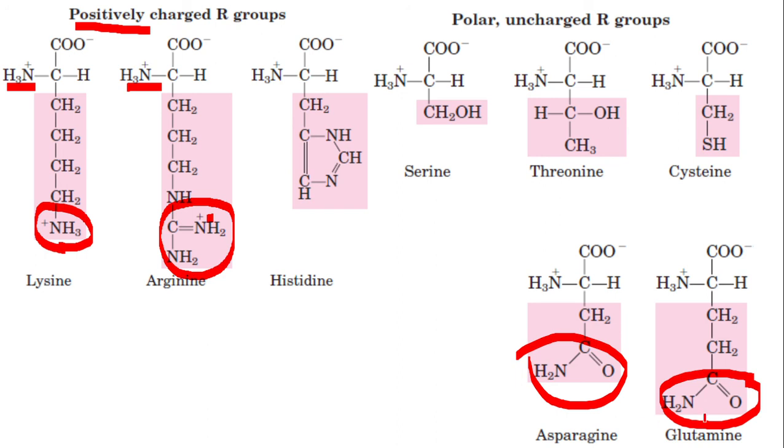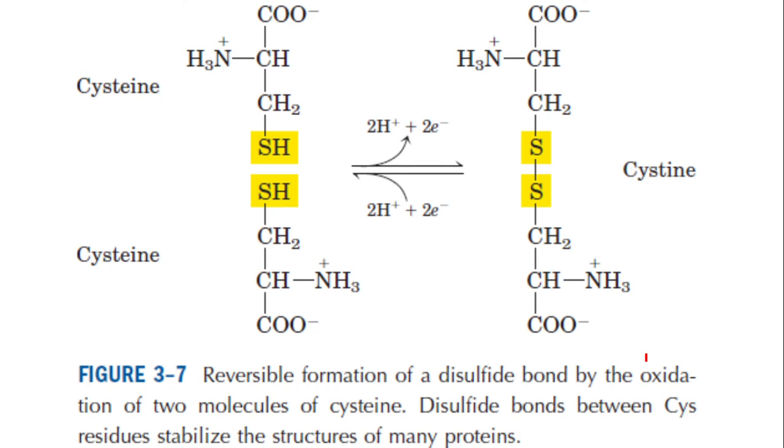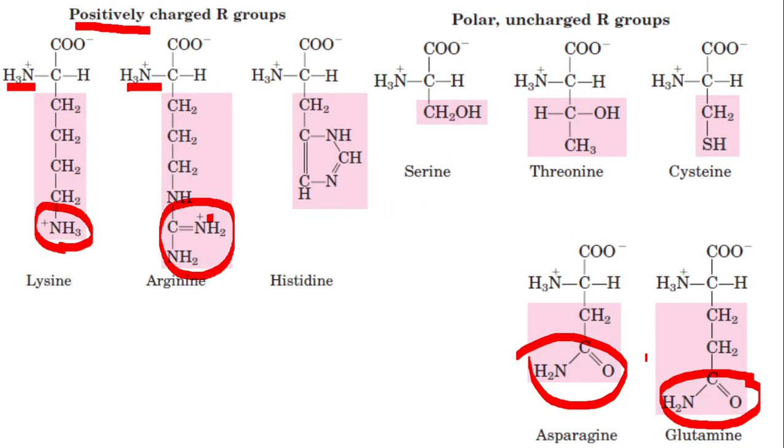Likewise for glutamic acid or glutamate. So aspartic acid and glutamic acid have given rise to their amides, which are respectively asparagine and glutamine. And this is all about the different types of amino acids.